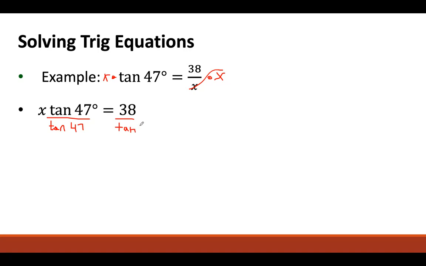Okay, and then after we've done this, the tangent of 47 should cancel, and you get x equals 38 over tangent 47. X is by itself, so you now can put this in the calculator, and you should get x equals 35.4 when rounded to the nearest tenth.